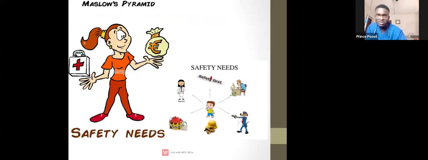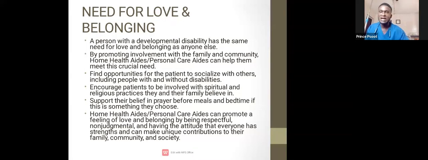So this is the second one on the hierarchy: safety, which includes money, health safety, job safety, safety from harm itself, and home safety. Next is the need for love and belonging. Everybody wants to be loved, and everybody wants to belong to a certain group, a peer group.